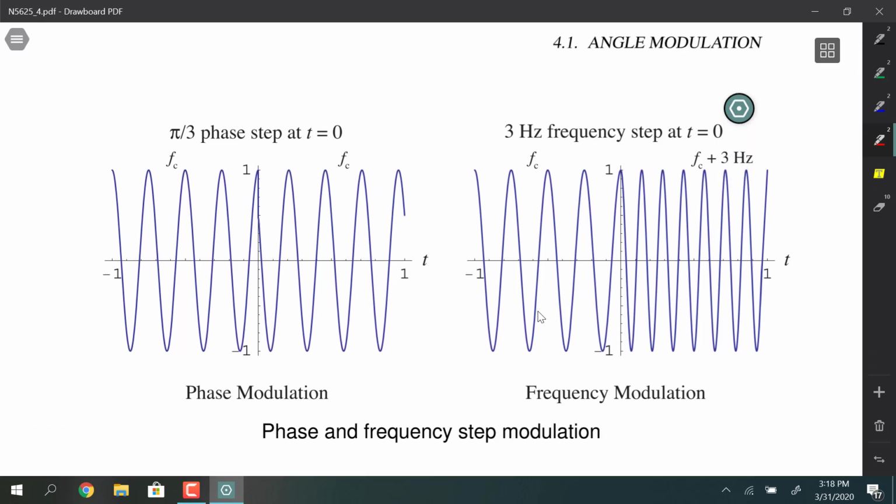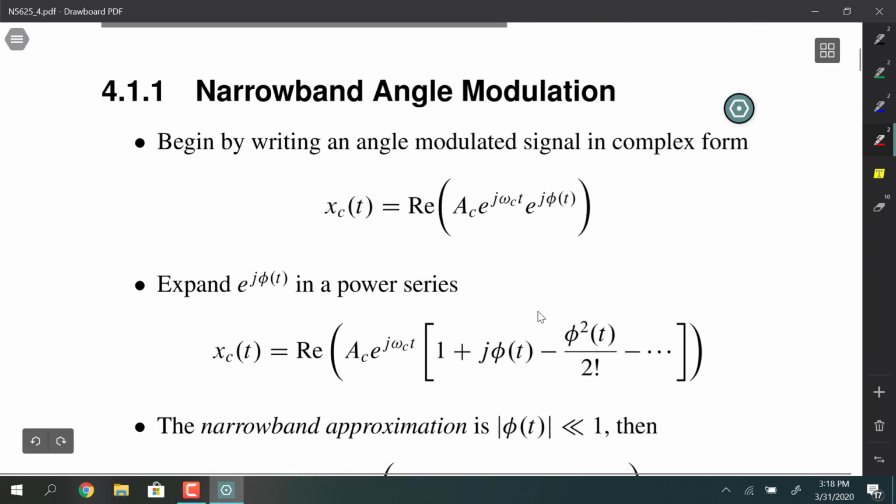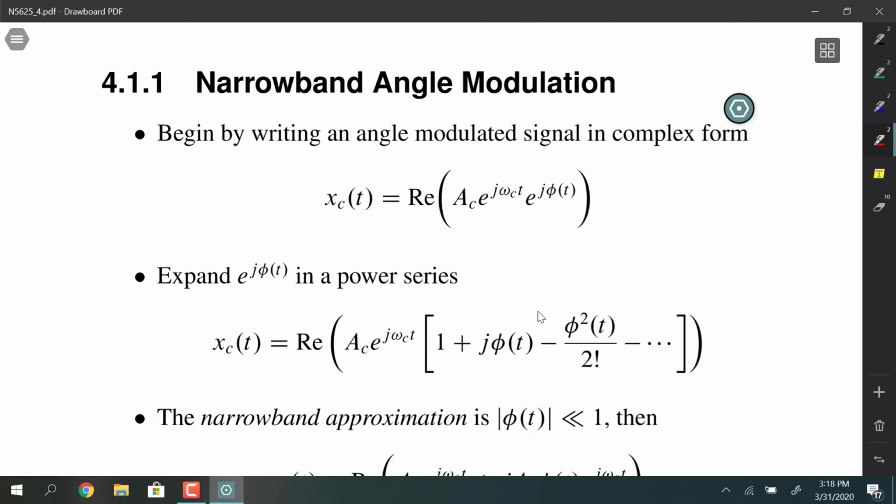I think there are a couple of homework problems on problem set number 8 that deal with that type of fundamentals in both frequency and phase modulation, so you get used to doing derivatives and integrals of a frequency or phase deviation.